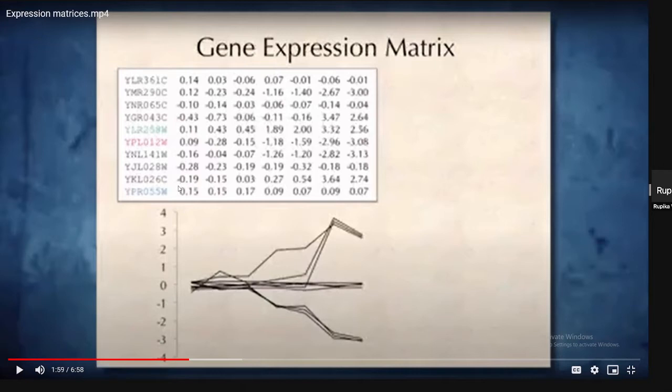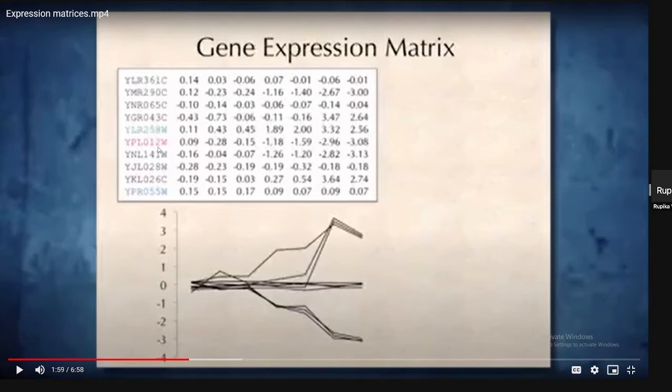You know what is meant by a matrix, right? If you have done R programming, you have worked with matrices, and also in MATLAB you will work with matrices. So this is a gene expression matrix, and these are the levels of gene expression measured for each gene.